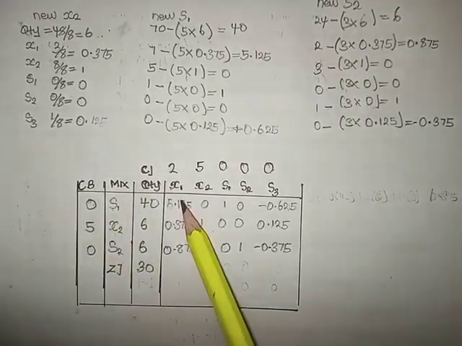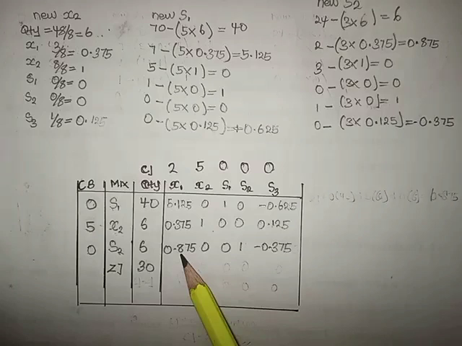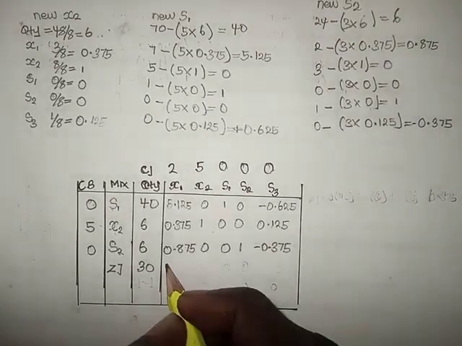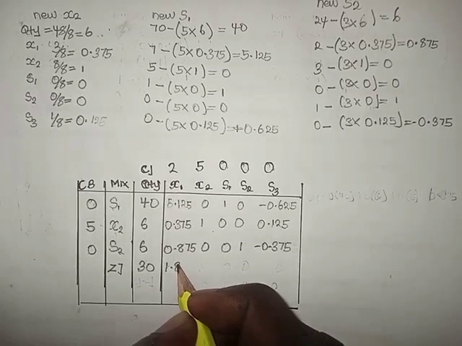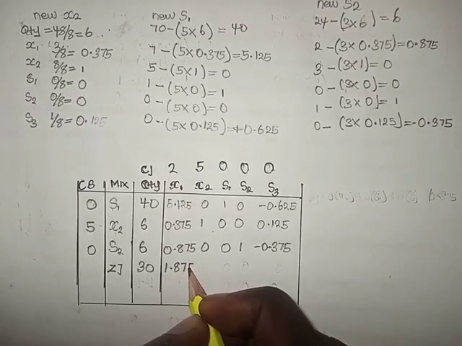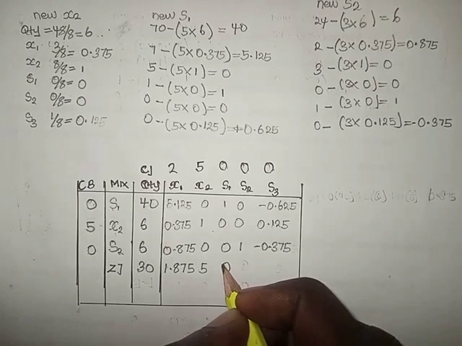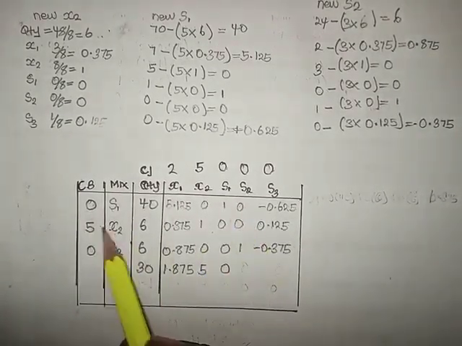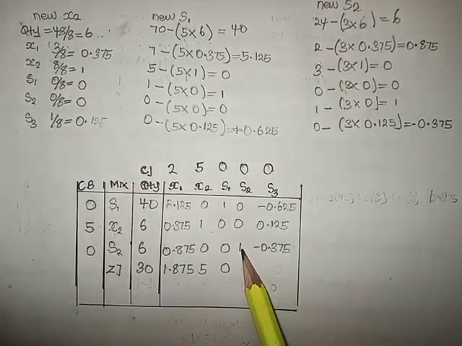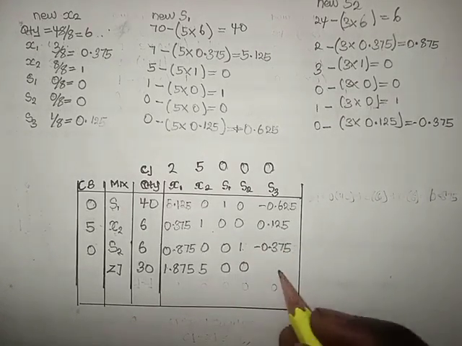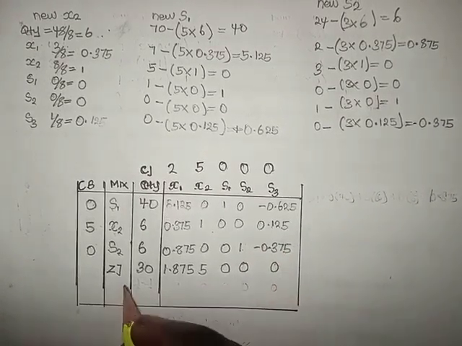So I'm going to do this throughout, for X1, which is 1.875. This will be equal to 5. This will be 0. 0 multiplied by 0 plus 0 multiplied by 5 plus 0 multiplied by 1, which is 0. And this is also equal to 0.